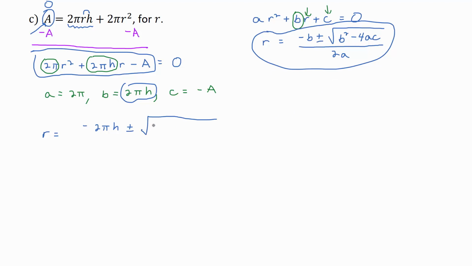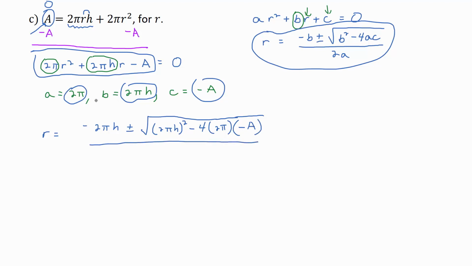Then b squared, which is 2 pi h, the whole thing squared, minus 4 times a, this a, times c, which is the opposite of uppercase A, all over 2 times lowercase a, which is 2 times 2 pi, 4 pi. I think we can do that in our heads.